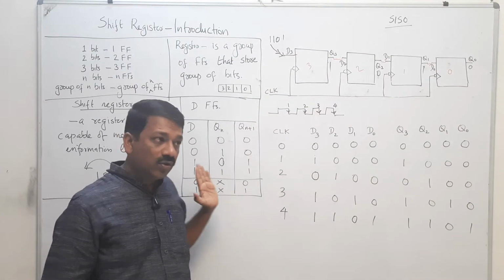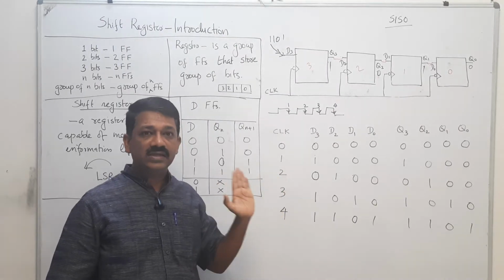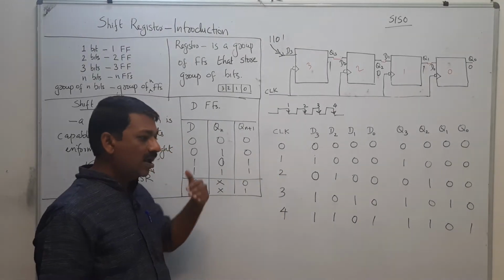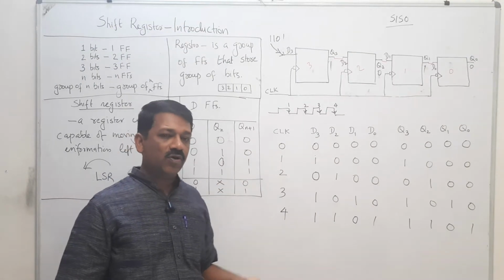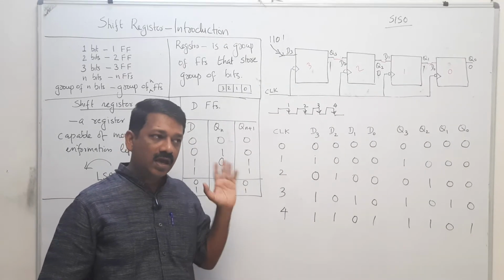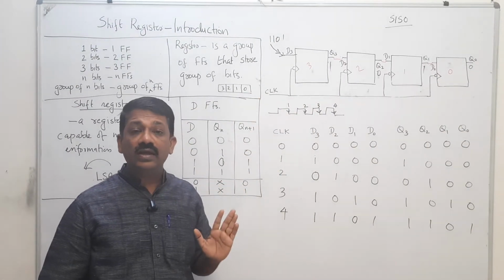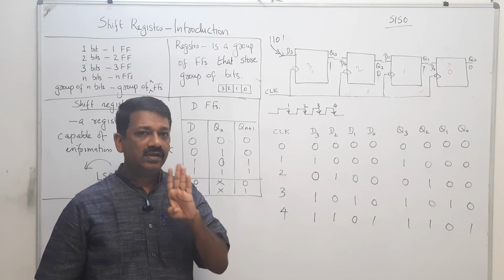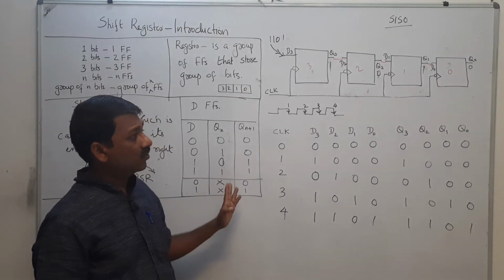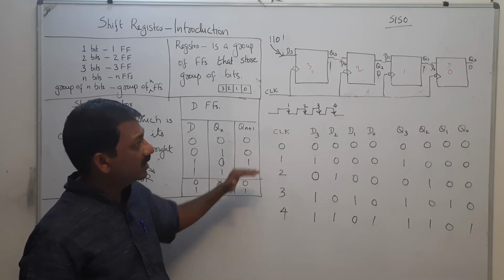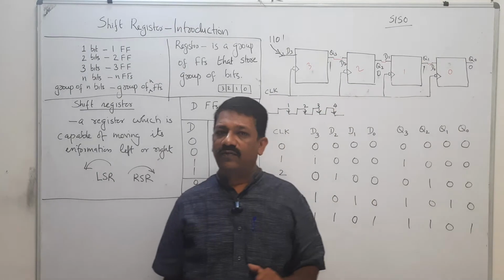That is why the input is serial: for one clock pulse you give one bit, for the next clock pulse you give the next bit, and likewise for storing 4 bits you took only 4 clock cycles. Now after 4 clock cycles, your 4-bit data is in this set of flip-flops.